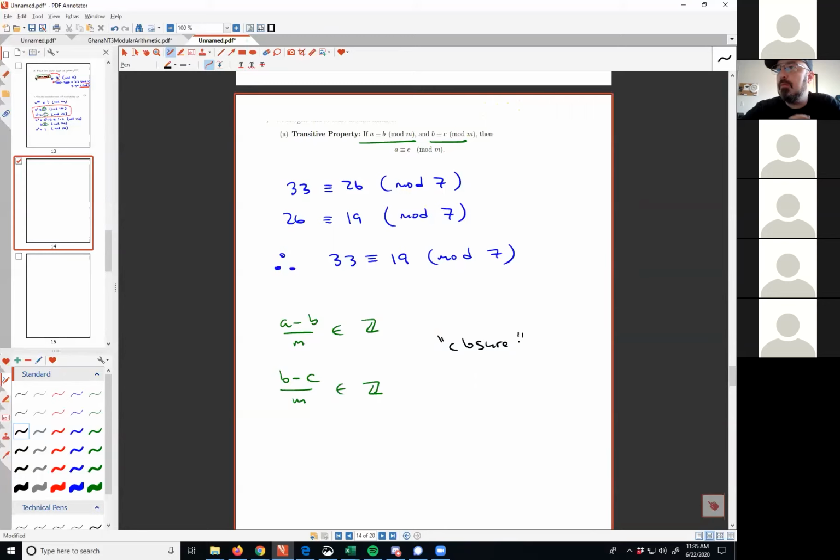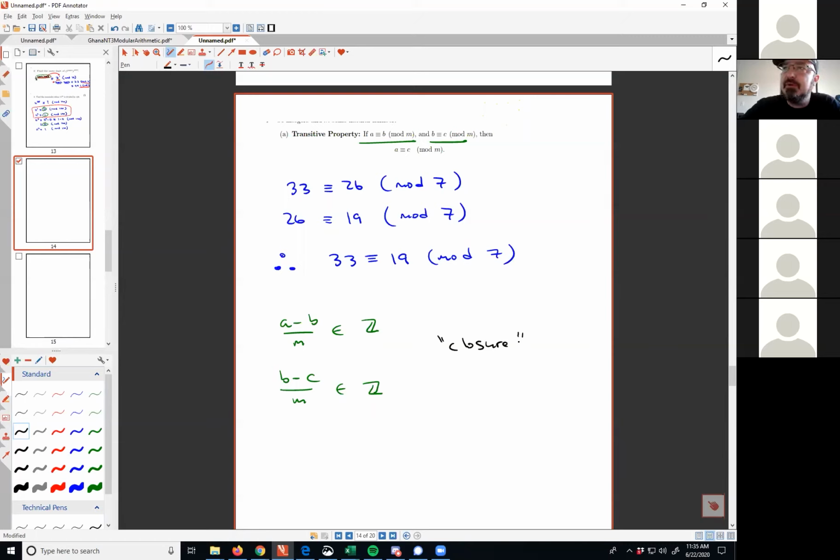Tell me, are rational numbers closed under addition? Can you name two rational numbers that if you add them, do not give you a rational number? Yes, the rational numbers are closed under addition. And if you want, work it out like this: A over B plus C over D, and see what you get.